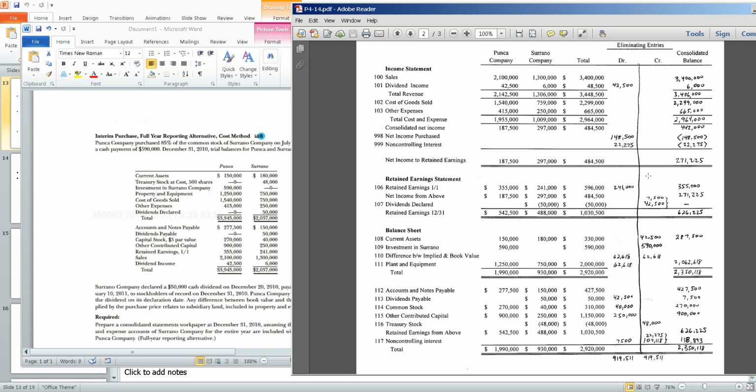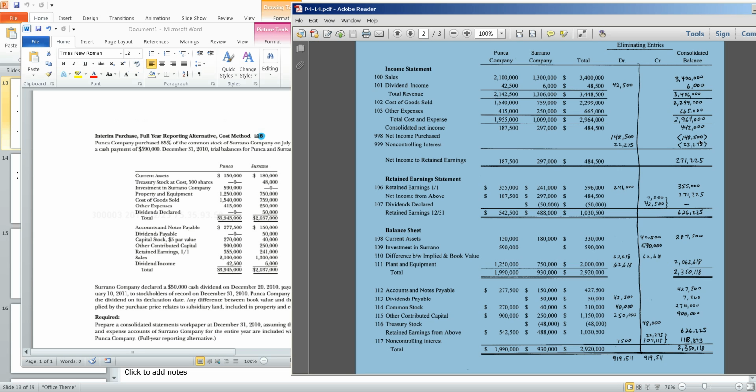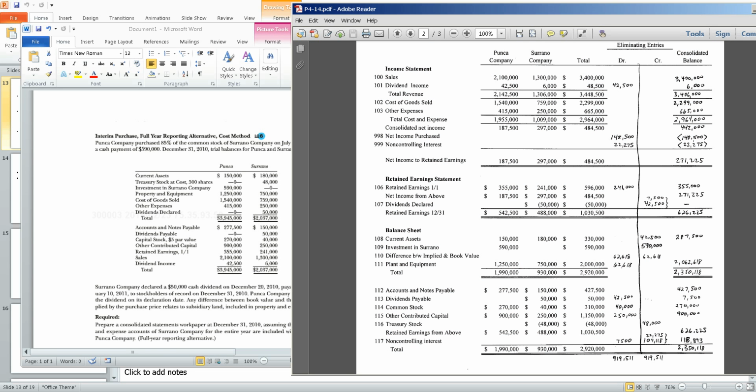Really the only unusual hook here in this problem was the fact that the acquisition did not occur at the beginning of the year, necessitating a subtraction item here on the consolidated income statement to subtract out the net income that was purchased. So this reflects an acquisition that did not occur at the beginning of the year, and it is the full year reporting alternative in the sense that the sub did not close out its revenues and expenses on the acquisition date.